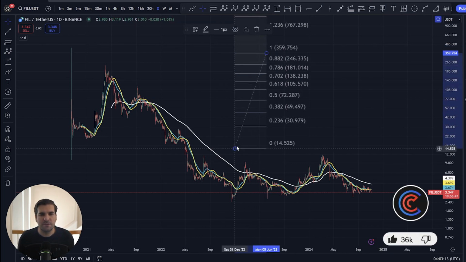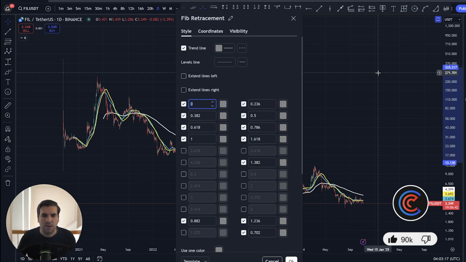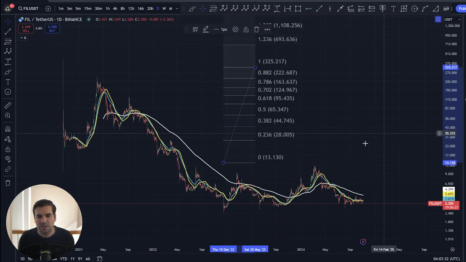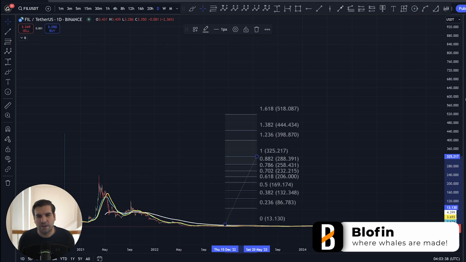When it comes to Fibonacci, I am going to show you my settings so that you can see what I'm using. These are the numbers that I'm using, and you can feel free to pause and add them to your own chart. The important note is at the bottom, where I have ticked this little box: fib levels based on a log scale. This is because my chart is in log scale, and you can see the little L down here, which represents logarithmic. If I do not have that on, you can see my whole entire chart changes.